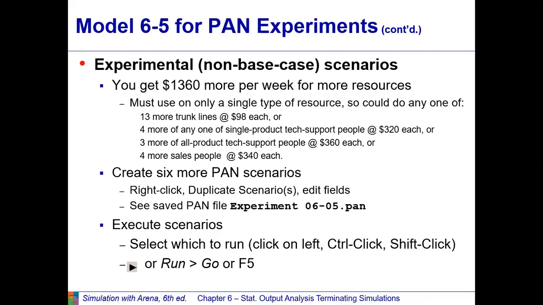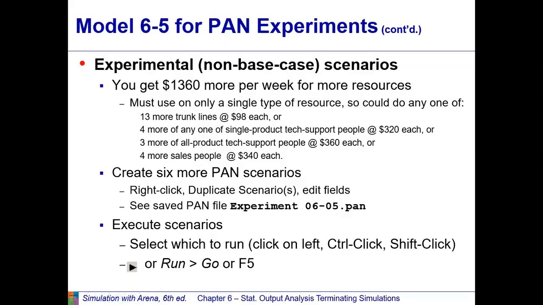But new tech all are more skilled, so they will be paid more: 360 per week. Dividing 1,360 by 360, you can hire at most 3 new tech people who are specialized to provide tech support for all kinds of products. And the same for sales: 1,360 over 340, you can hire at most 4 salespeople.